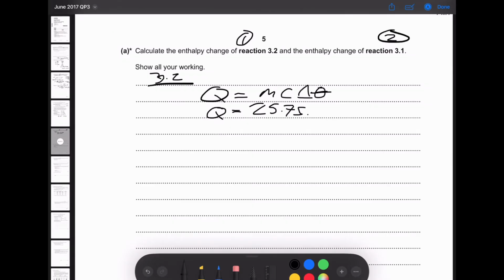25.75 times specific heat capacity, the same as water, 4.18, times change in temperature, 35, gives us 3767.225 joules.